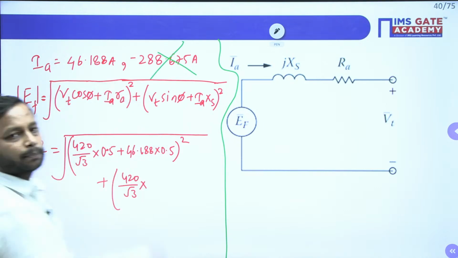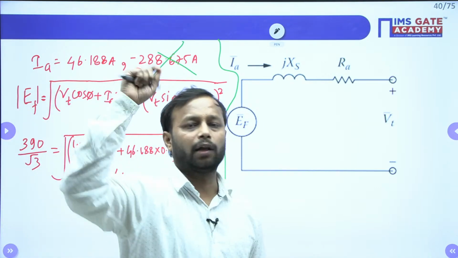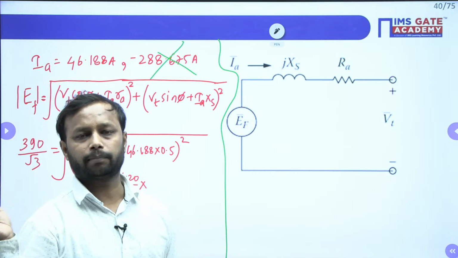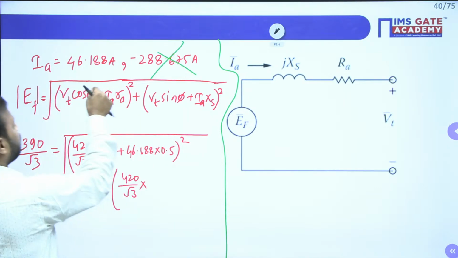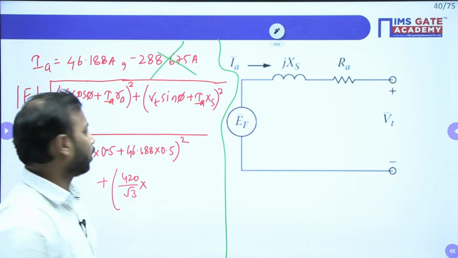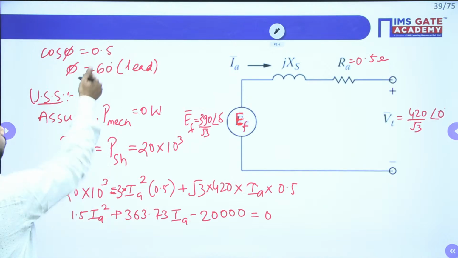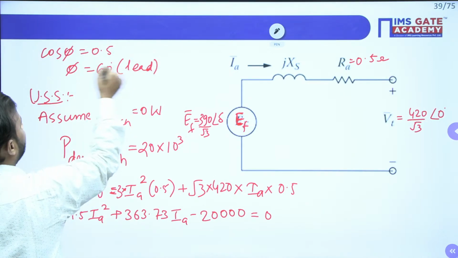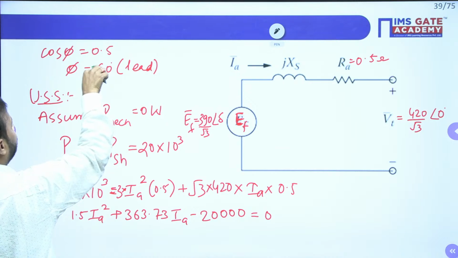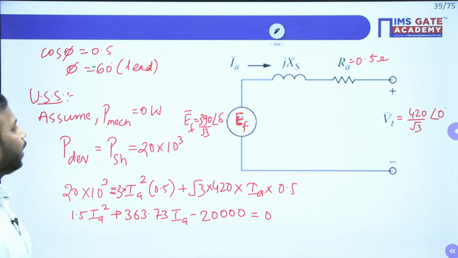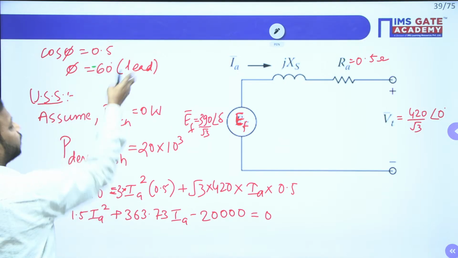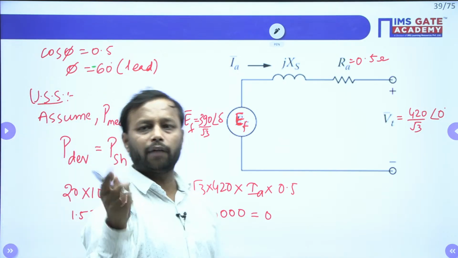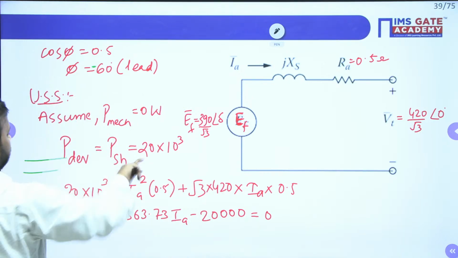this formula has been derived by considering the power factor as lagging type. So if you want to use this equation for the leading power factor, then you will have to take phi negative. For the leading case, the phi will be negative. If the case was lagging, then phi will be plus 60. If the power factor is leading, it will become minus 60.